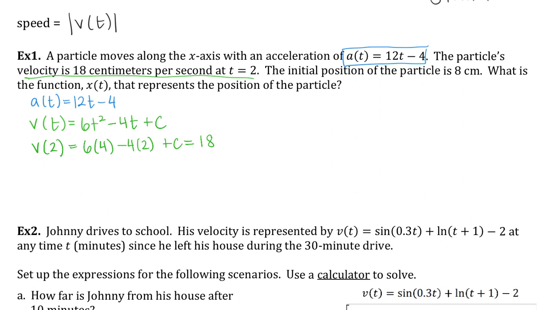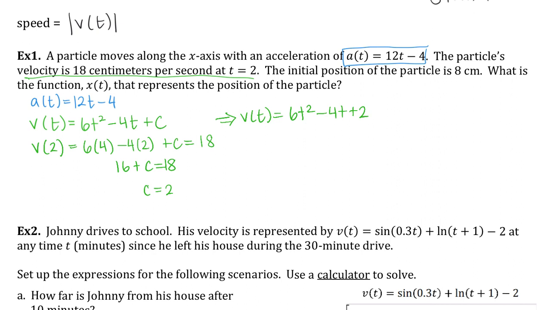What is that? 24 minus 8 is 16. So C is 2. Let me plug that back in so I can get my particular equation. The velocity particular equation is 6t squared minus 4t plus 2.